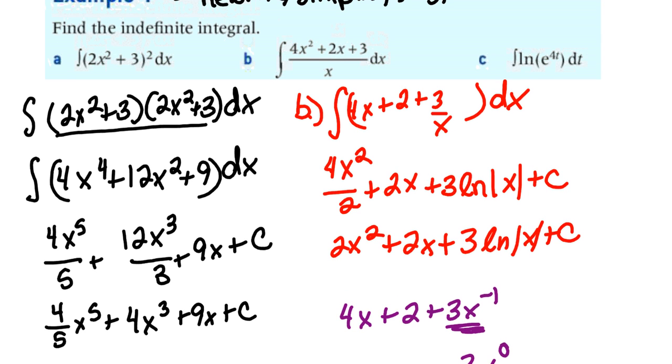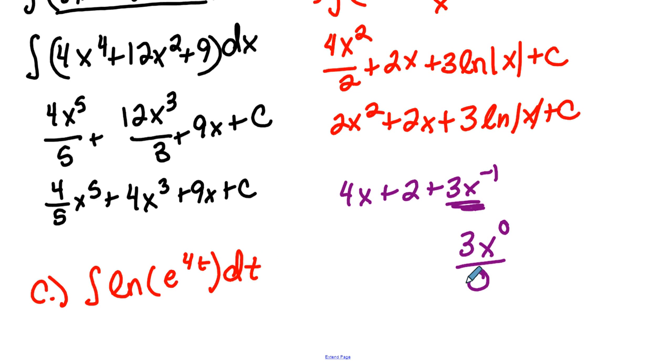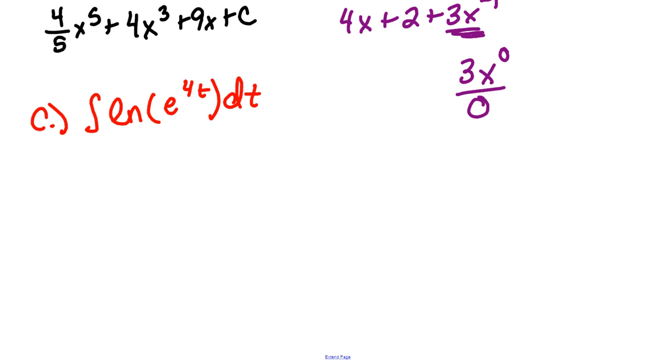And then c, let me just rewrite it down here. So c was integrating the natural log of e to the 4t dt. So take a moment, think through what you could do. So what is the natural log of e to the 4t? 4t.